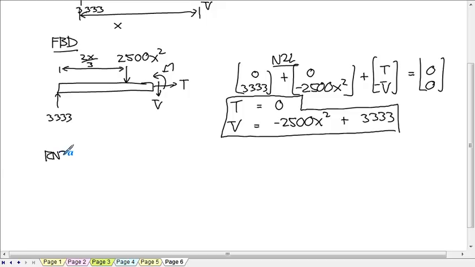And the rotational equation, if we're calculating the moment about the left end, then there's no moment produced by the reaction force. There's a clockwise moment produced by this 2,500x squared. So that makes it a negative moment. And the magnitude of that moment is 2,500x squared times the moment arm of 2x over 3.